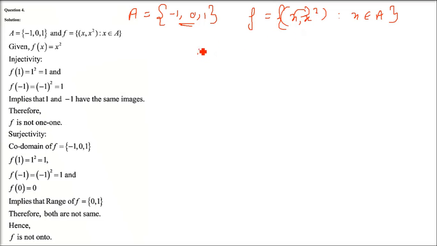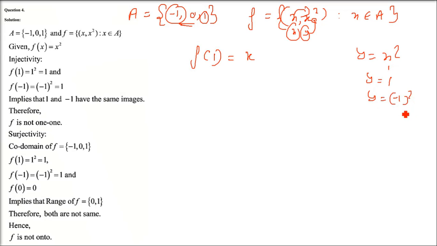So let us take f, y is equal to x square. So this is x and this is y. y is x square here. So if you put x as 1, y is 1. x is negative 1, y is what? It's negative 1 square, 1.